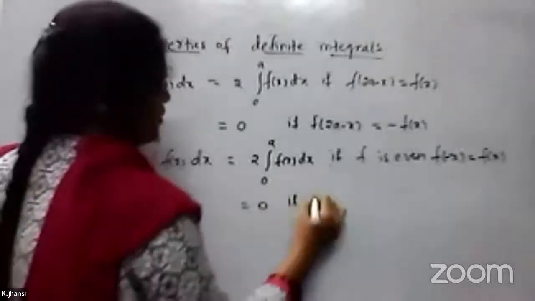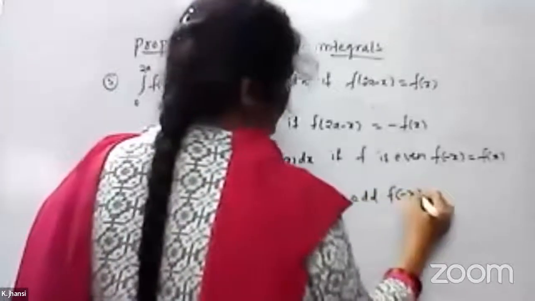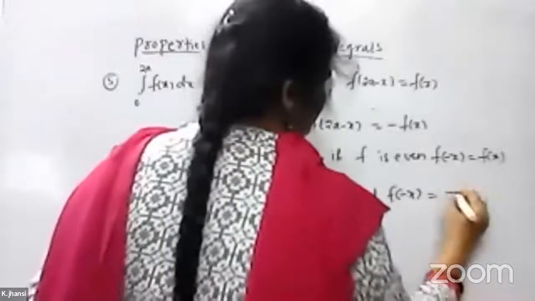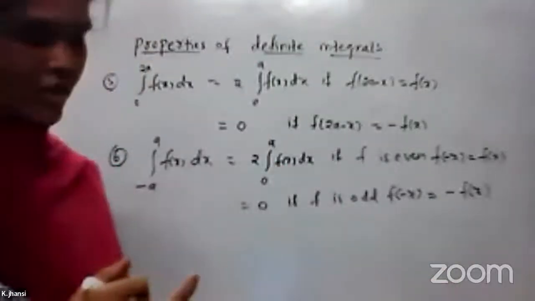It equals 0 if f is odd, that is, f of minus x equals minus f of x.